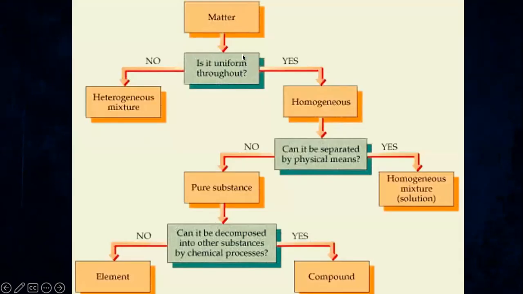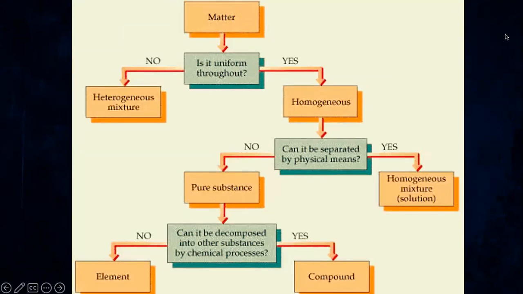So this flow chart will basically tell you what we're going to learn today, whereby we have matter. We ask ourselves, is it uniform throughout? If it's no, this particular thing is called heterogeneous mixture. If it's yes, then I shall call it homogeneous. And from there, I ask myself, can it be separated by physical means?